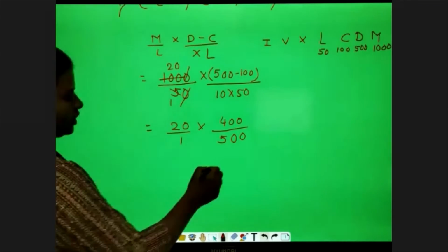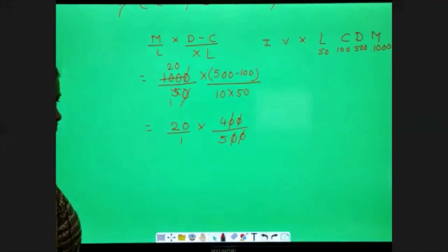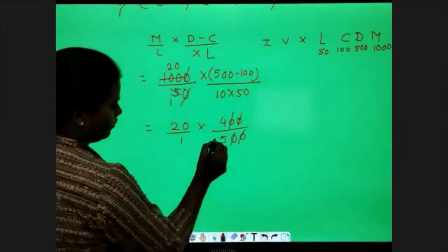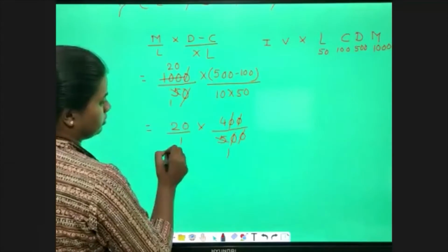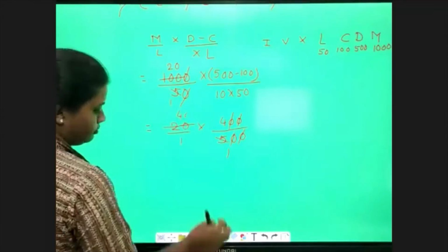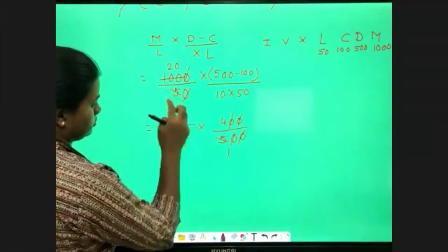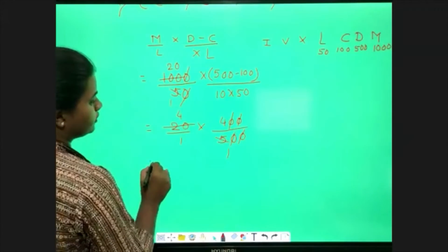The 0 gets cancelled. 5 ones are 5, 5 fours are 20.